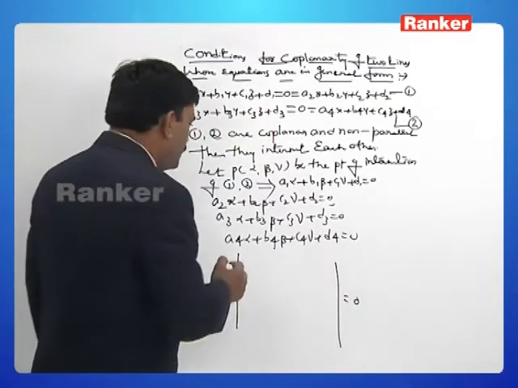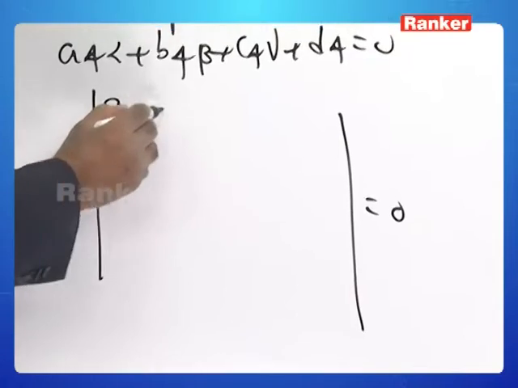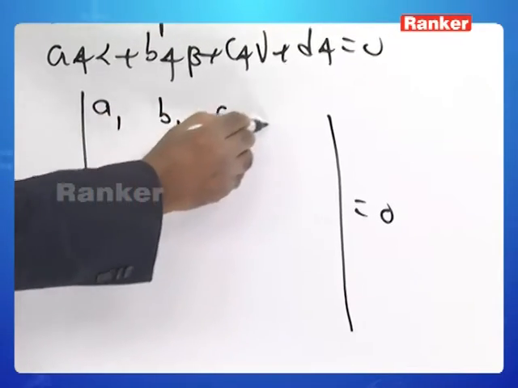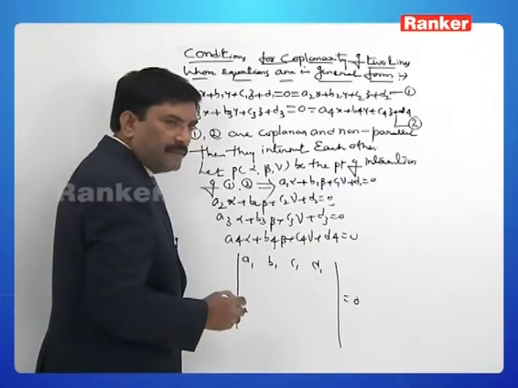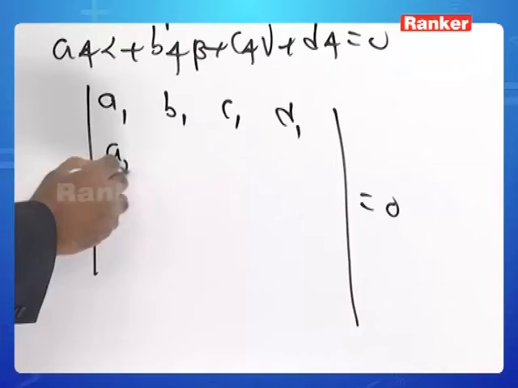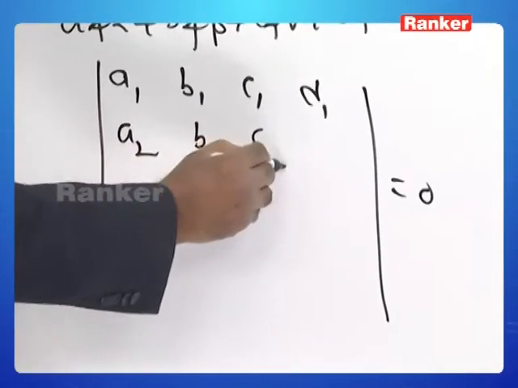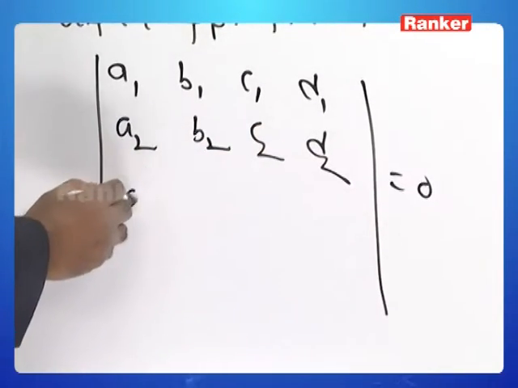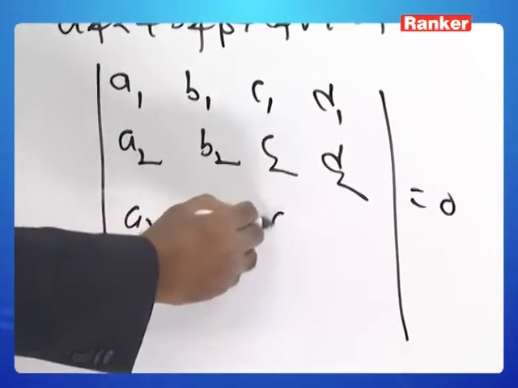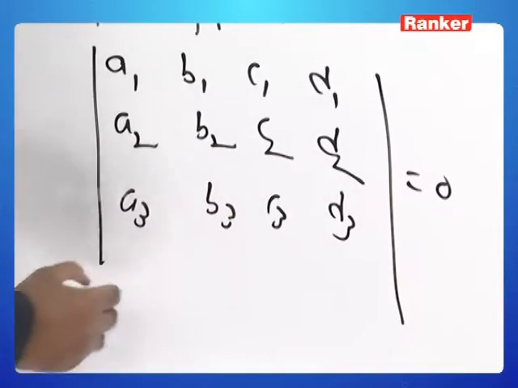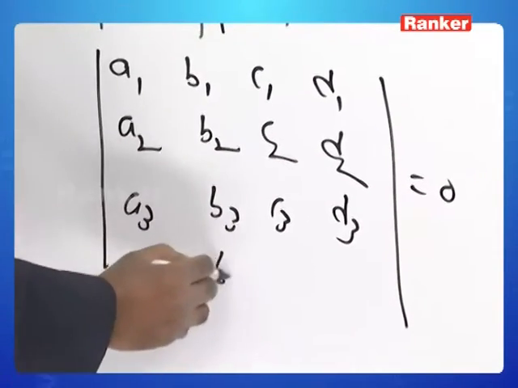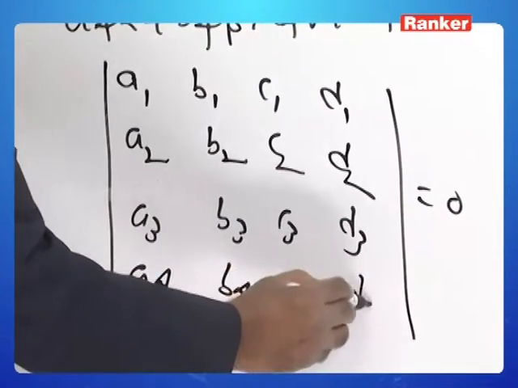What's the determinant? I can write the rows A1, B1, C1, D1; next, A2, B2, C2, D2; next, A3, B3, C3, D3; next, A4, B4, C4, D4.